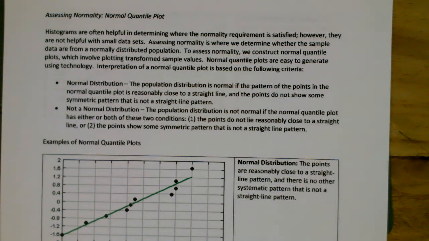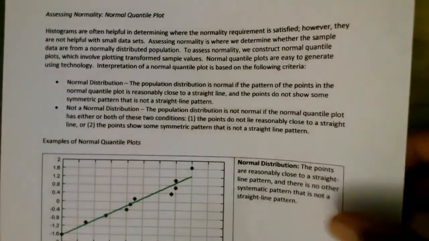Now, if it's not a normal distribution, that means the normal quantile plot has either or both of these two conditions: the points do not lie reasonably close to a straight line, or the points show some systematic pattern that is not a straight line pattern.